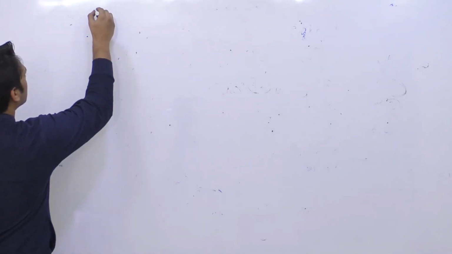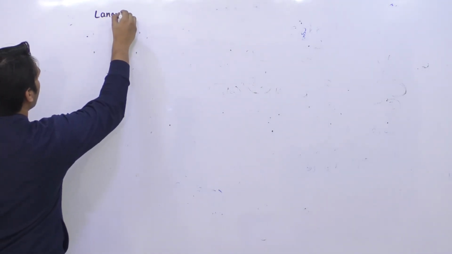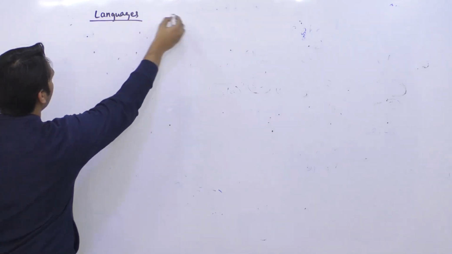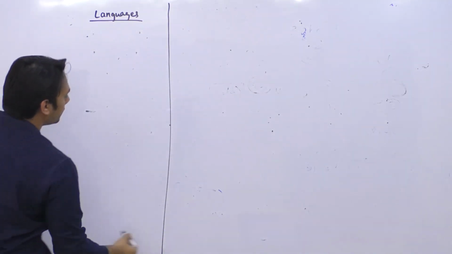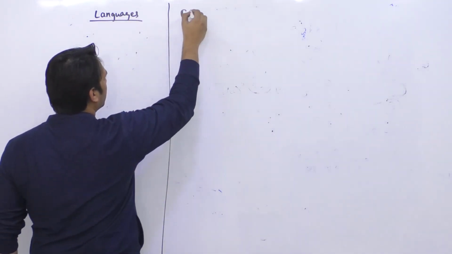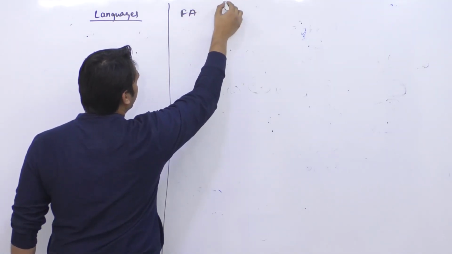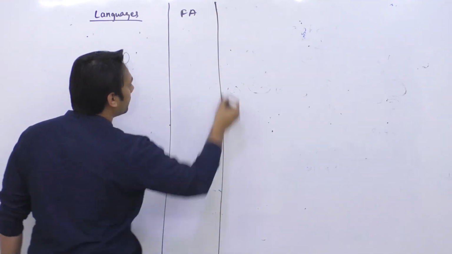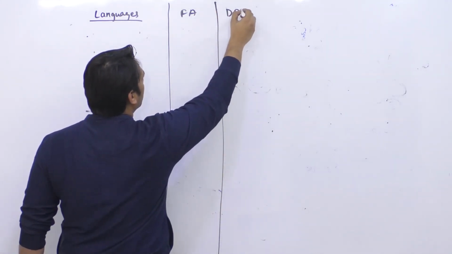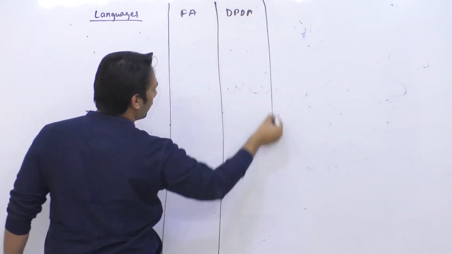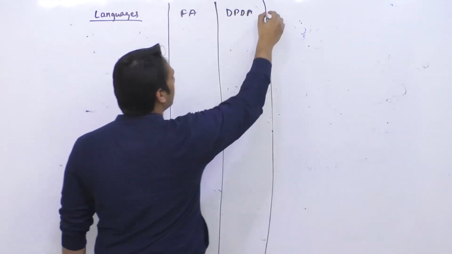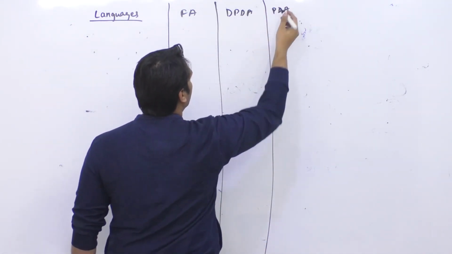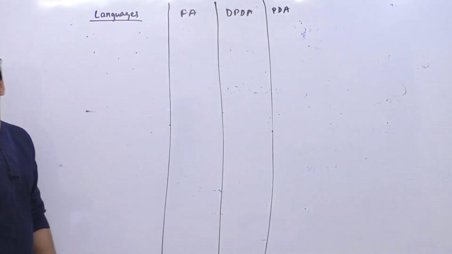Okay, so I'm taking some of the languages here. So these are languages, and you have to tell whether you can make a finite automata for them. So it includes both NPDA or DPDA, right? Then you have to tell whether you can make a deterministic pushdown automata for them, or whether you can make a pushdown automata. This pushdown automata contains both NPDA as well as DPDA.